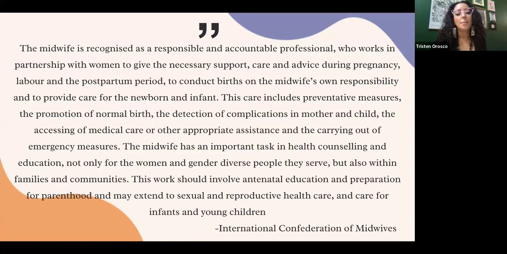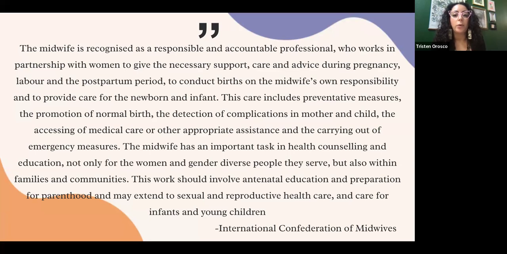So this definition by the International Confederation of Midwives, I think really highlights and encompasses exactly what a midwife is. The midwife is recognized as a responsible and accountable professional who works in partnership with women to give the necessary support, care, and advice during pregnancy, labor, and the postpartum period, to conduct births on the midwife's own responsibility, and to provide care for the newborn and infant.